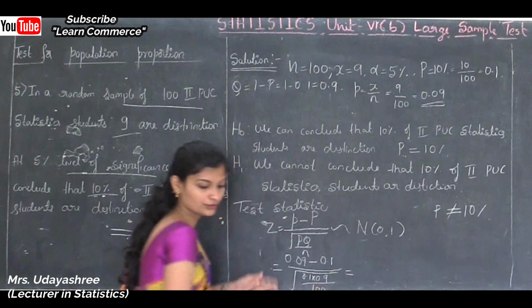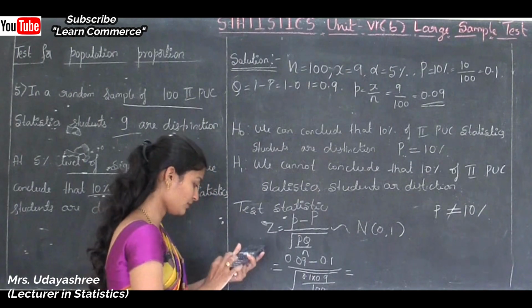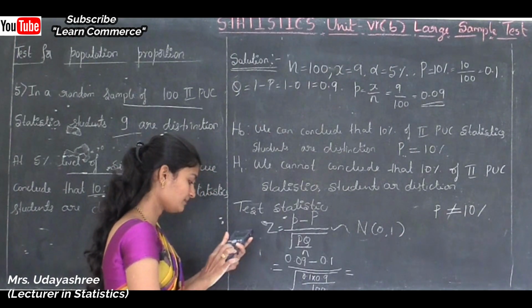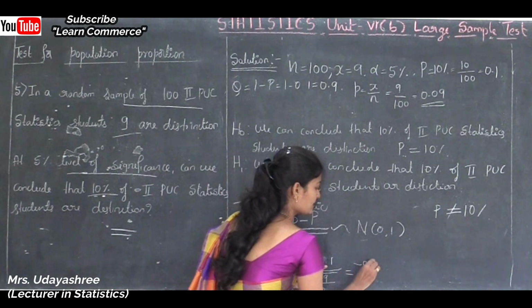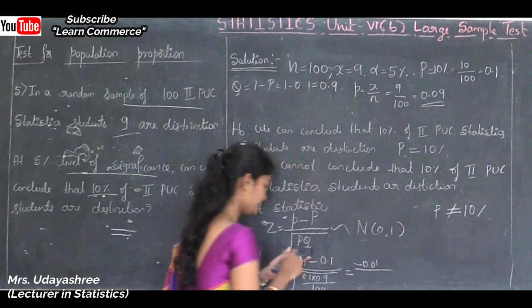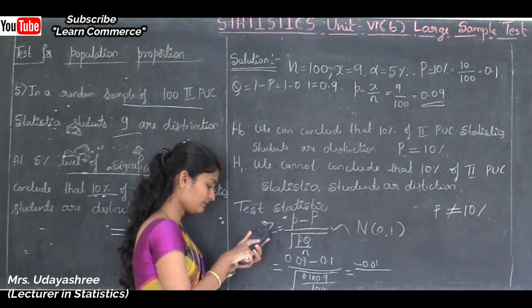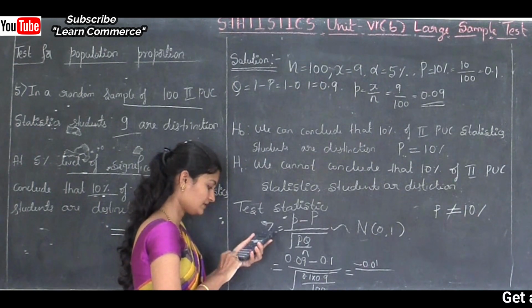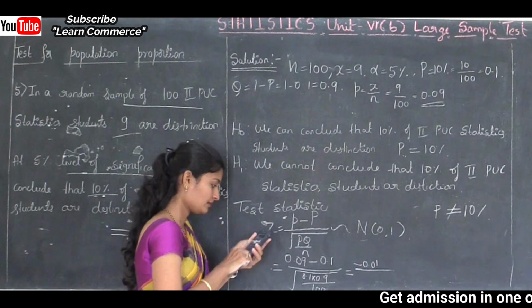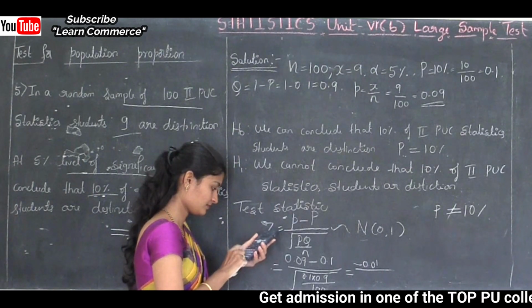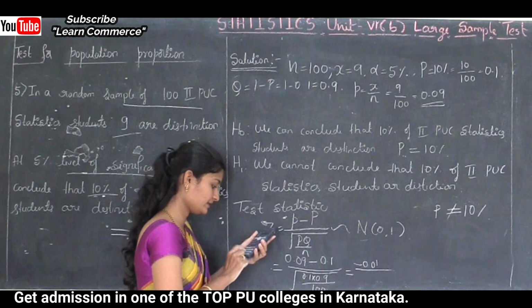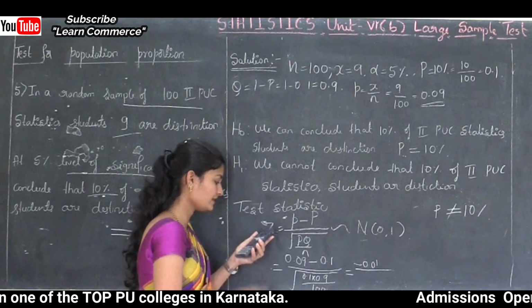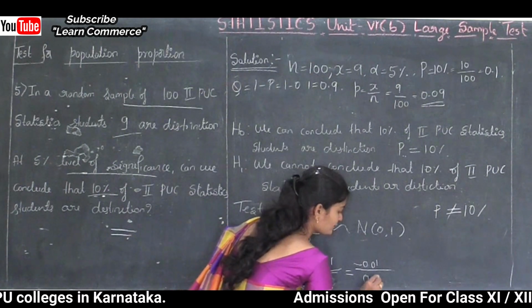This is equal to 0.09 minus 0.1 is minus 0.01 divided by square root of 0.1 into 0.9 divided by 100, that answer is 0.03.